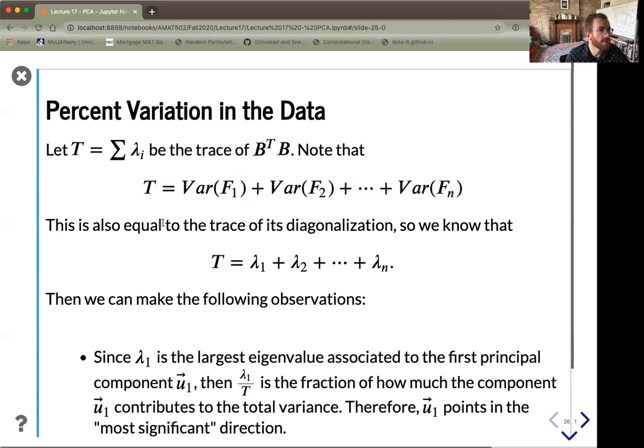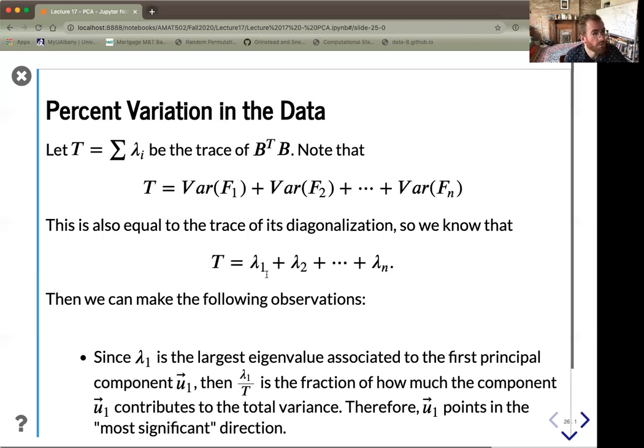But remember, we know that the trace is an invariant. So if I look at the trace of the diagonalization of B transpose times B, which exists by virtue of the spectral theorem, then the sum of the eigenvalues is equal to the sum of the variances.